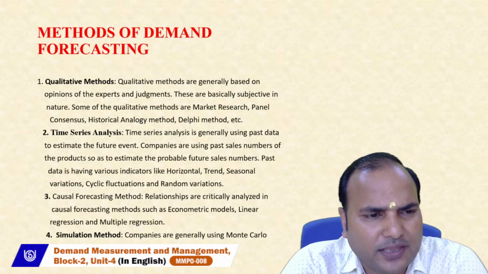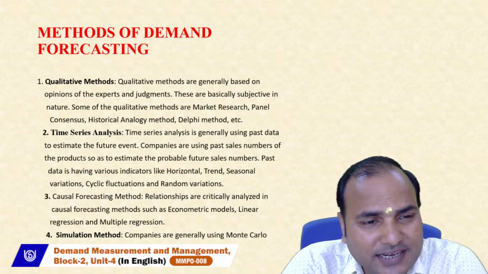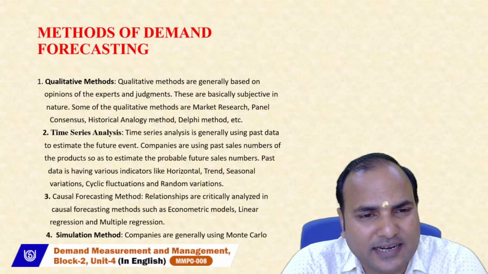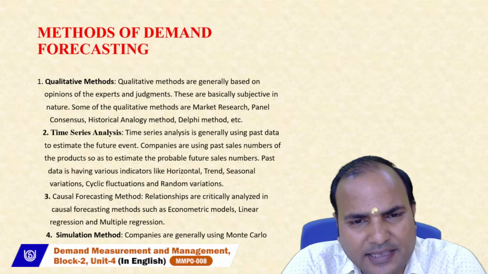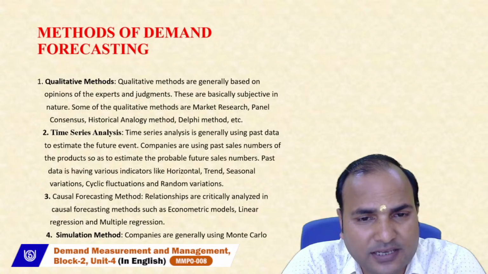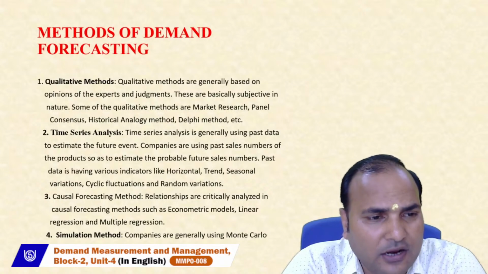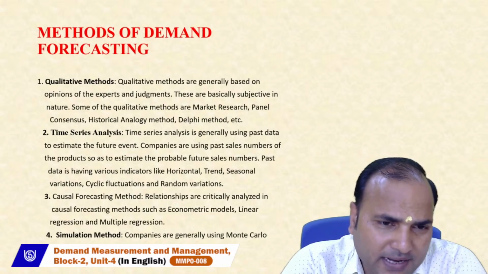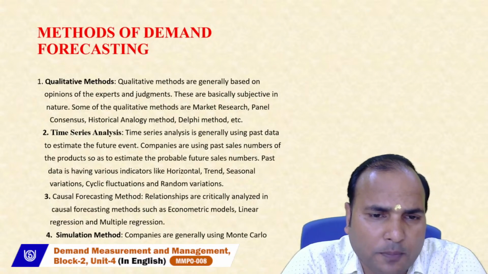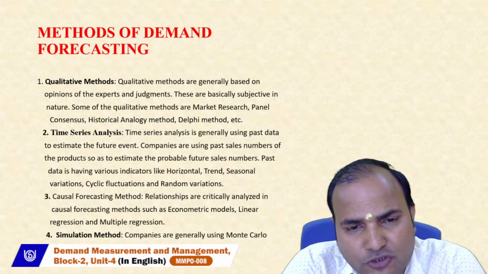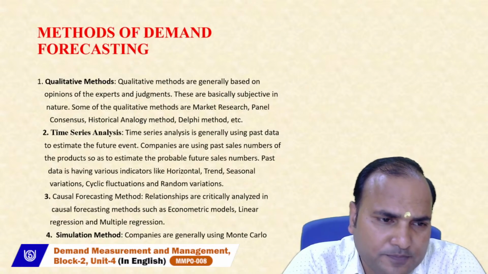The second method is time series analysis. What is time series analysis? It uses past series data to estimate future events. Companies use the past sales numbers of products to estimate probable future sales numbers.